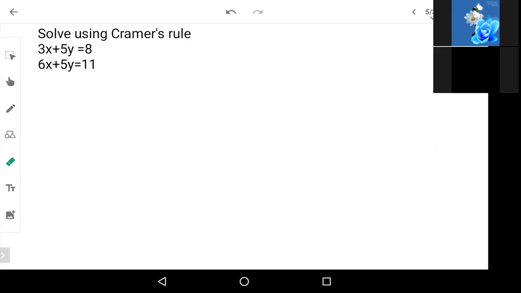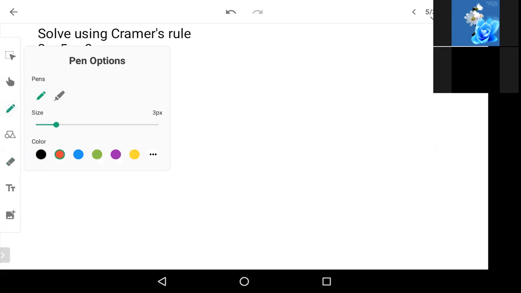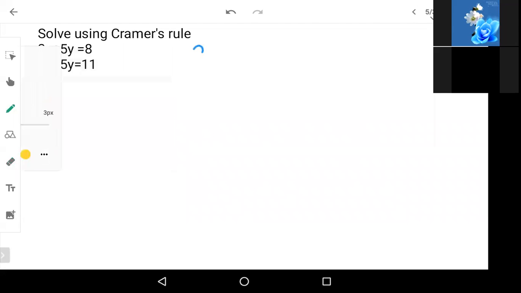And even before forming the determinant, we have to check if the equations are in the format of ax plus by is equal to c. These equations are in the form of ax plus by is equal to c. Here also it is in the form of ax plus by is equal to c. Now let us go to the next step.